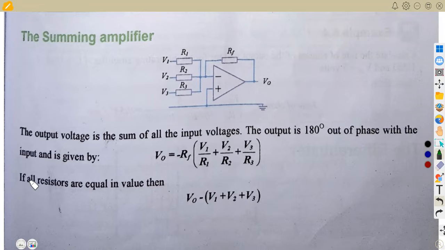So here we are simply saying, if all resistors are equal, it means this current will be the same, this current, and all are equal in value. So if these resistors are equal in value, therefore our voltage at the output is simply going to be, because we're having the same resistors throughout, meaning to say the current here is going to be the same.